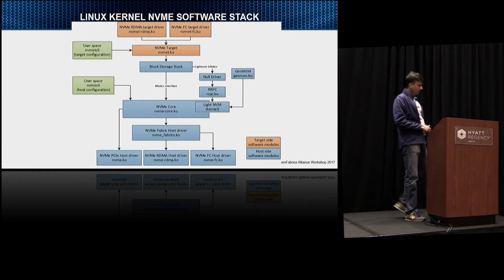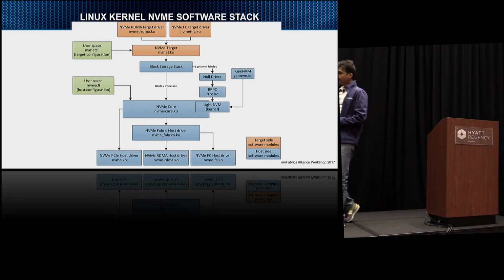So this is a high-level stack block diagram. Let's see all the major components of it and how the stack is organized. It's actually upside down, thinking from the storage or the target side point of view. What you have at the bottom is the NVMe core layer, and below which is your initiator drivers.